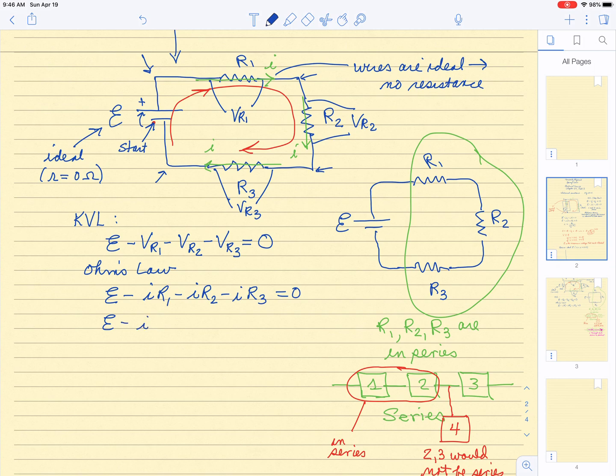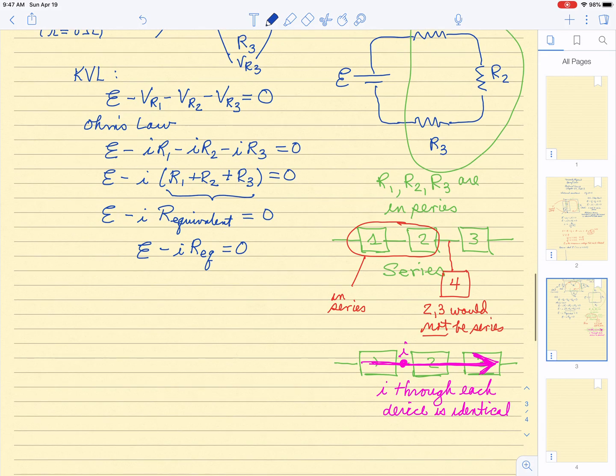We can factor out the current since it's the same in each device. And so we can actually write the sum of R1, R2, and R3 as what we call an equivalent resistance. All right, just EQ from here on out, so E minus I times R EQ is equal to 0.